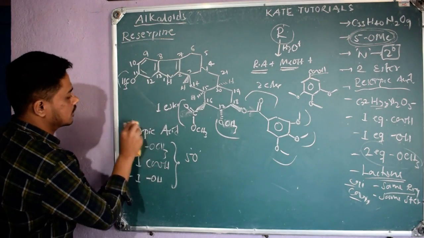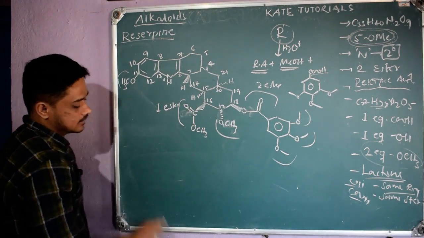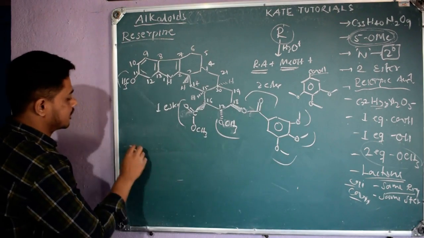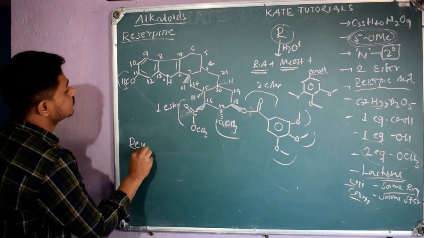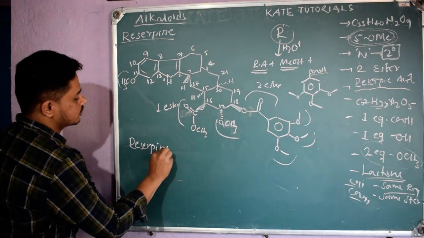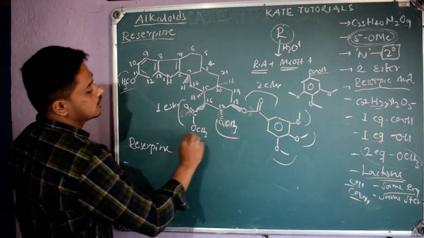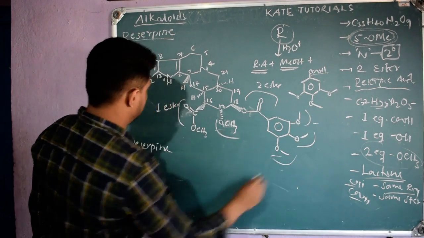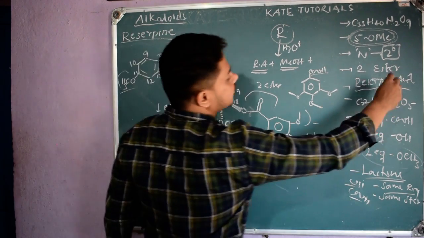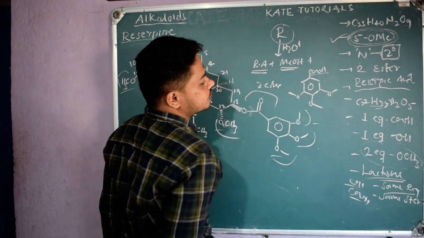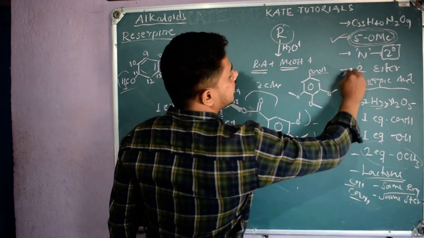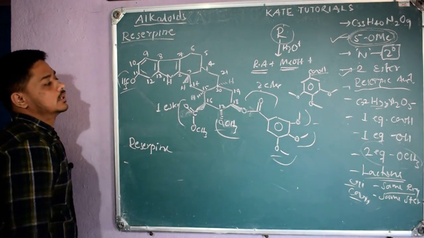So now this is the structure of reserpine. Here it should have 5 equivalents of OCH3, 1, 2, 3, 4, 5. So we said 5 equivalents of OCH3 and 2 equivalents of ester.